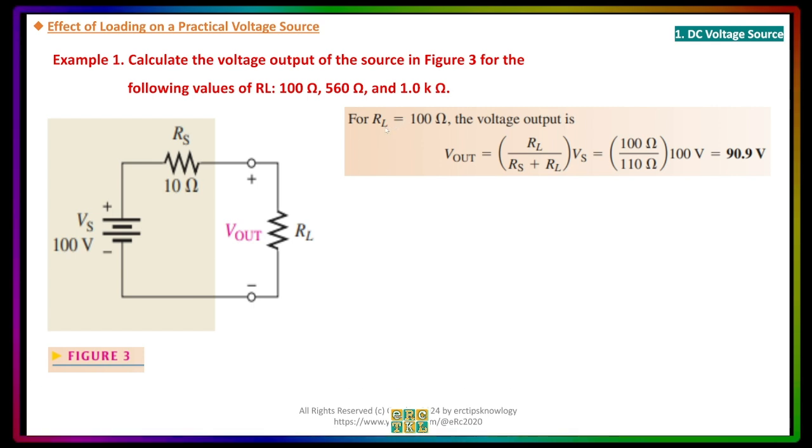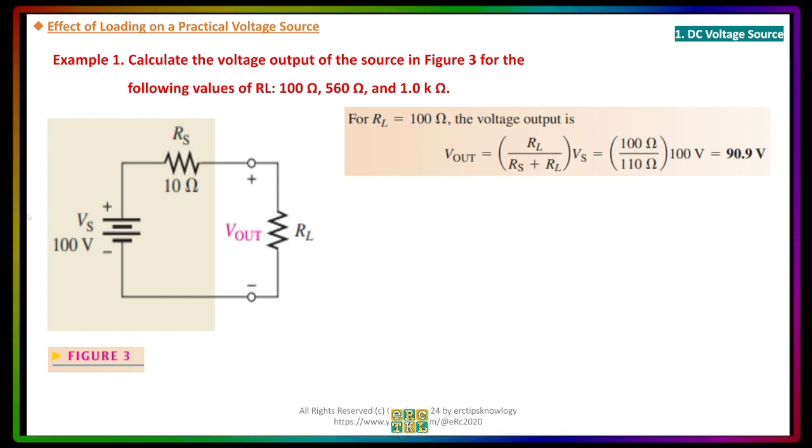Let's start with RL equal to 100 ohms. By using the voltage divider rule, which is applicable to series circuits, we can use R over R plus R multiplied by V. The R at the top will be RL, and the R at the bottom will be the sum of Rs plus RL, and we multiply it with Vs, which is 100 volts, and we get 90.9 volts.